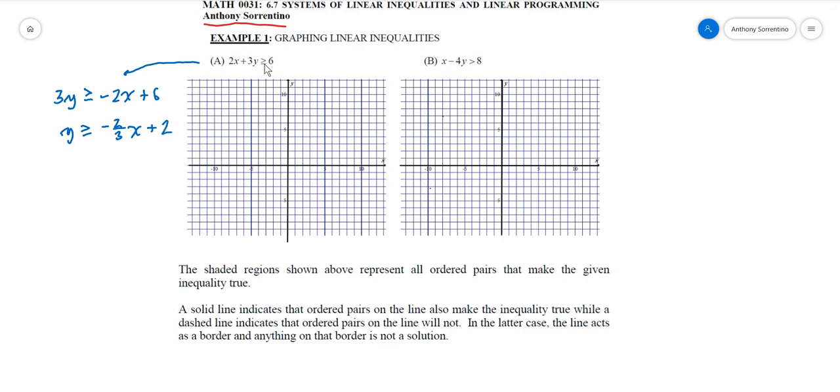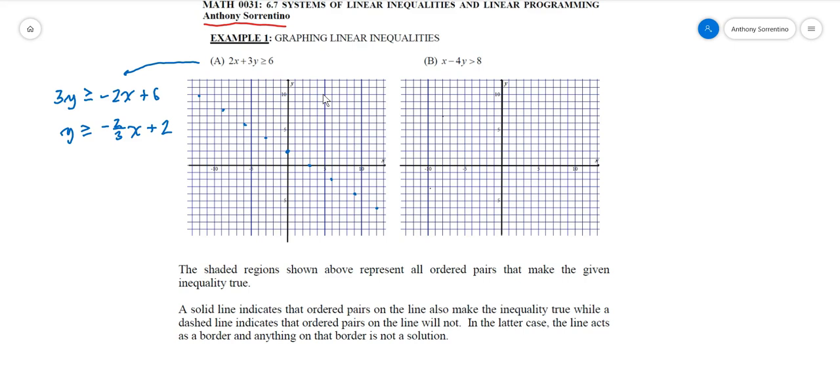And so I would end up with y is greater than or equal to negative 2/3 x plus 2. I would simply start graphing this the same way I would graph any line. I would start up 2 on the y-axis, and I'd find additional points by going down 2 and right 3. Of course, I could also go up 2 and left 3, just to get some more points.